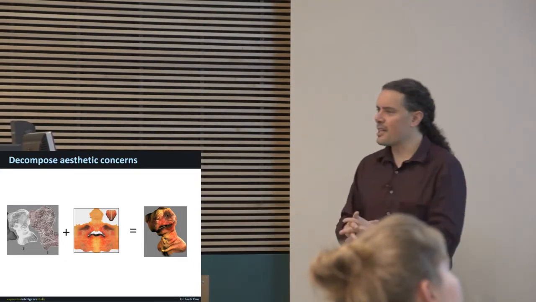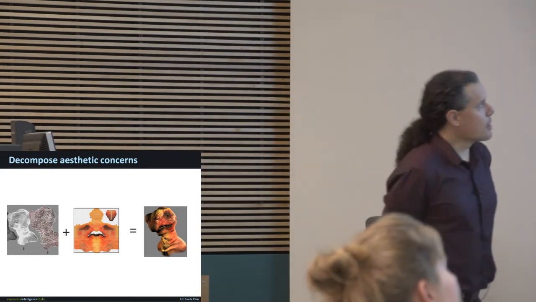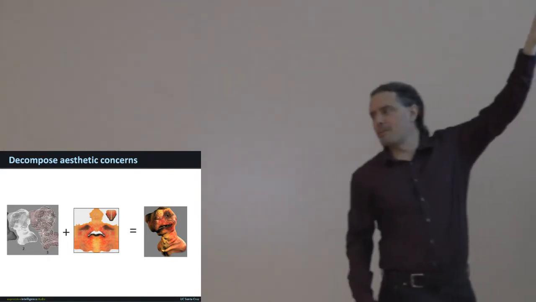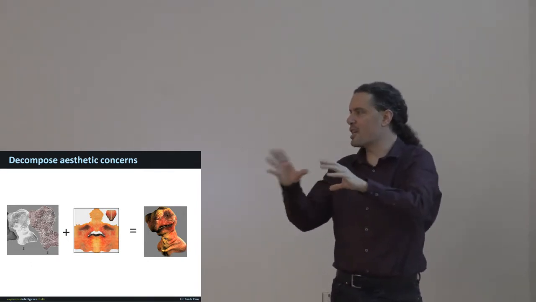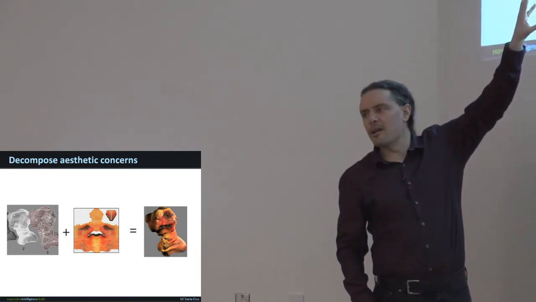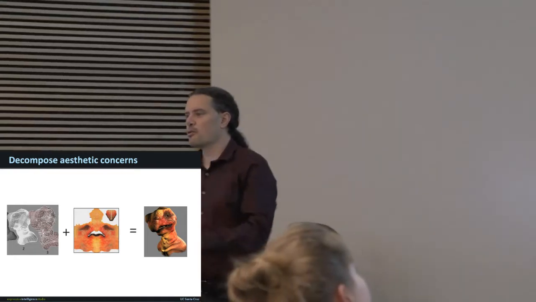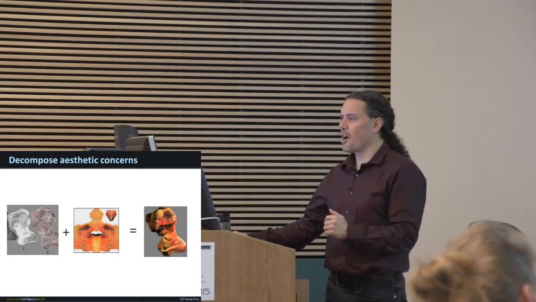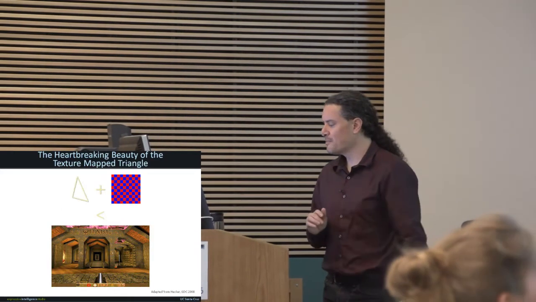Chris says that what's so cool about it is it allows you to decompose aesthetic concerns. Here's the math part of the problem, right? The formal structural part where you have to write algorithms that know how to manipulate this thing and render it on the screen. And here's the aesthetic part of it, where an artist is coming in and trying to make something that has a specific look and feel, and you can combine those two things together and get a 3D object that has both a style and a structure that the computer can manipulate.